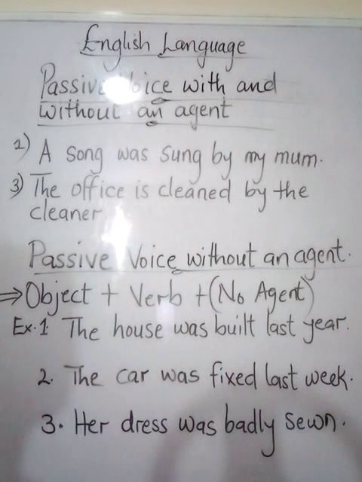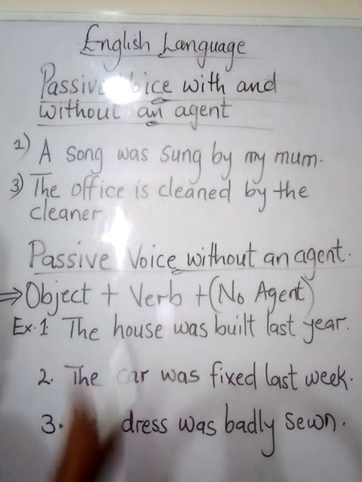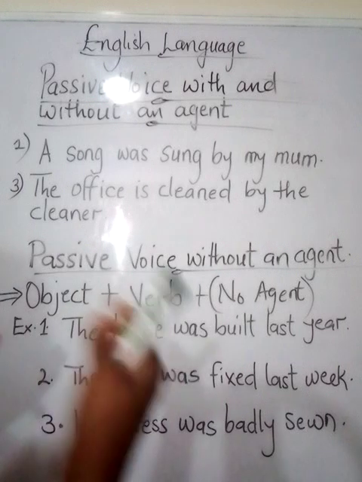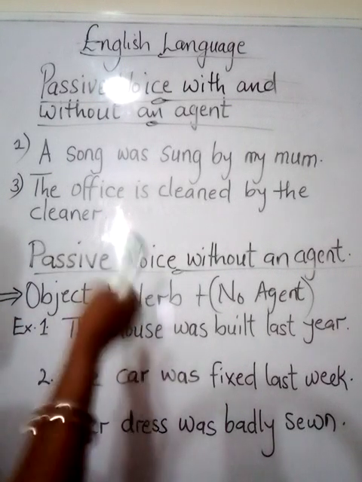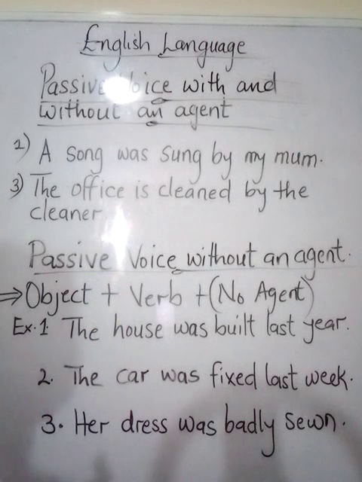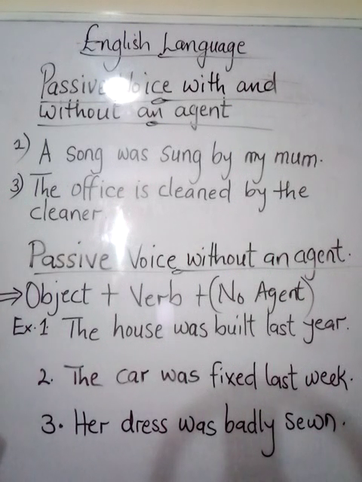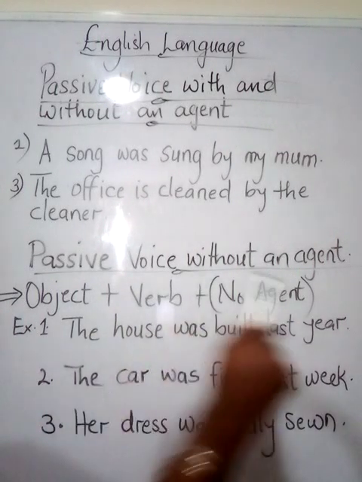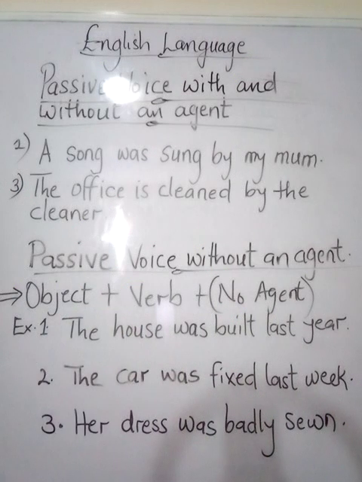And lastly, if the focus is mainly on the action that was carried out or on the impact it had, the consequences that followed. So those are the three instances where an agent could be omitted when using a passive voice: agent not known, agent not important, or focus is on the action and its consequence. I hope we are clear on that.